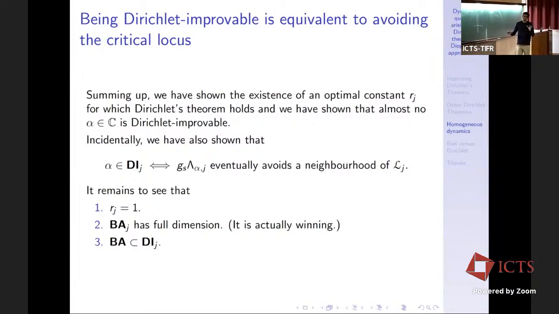And incidentally, if you go through whatever we've done, we actually have a characterization of alpha belonging to Dij. So alpha is Dirichlet improvable if and only if Gs lambda alpha j, where s is positive, this trajectory eventually avoids a neighborhood of the critical locus.